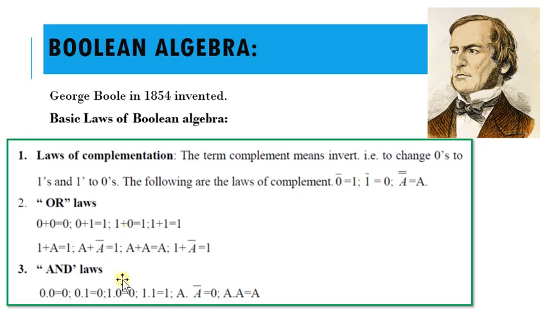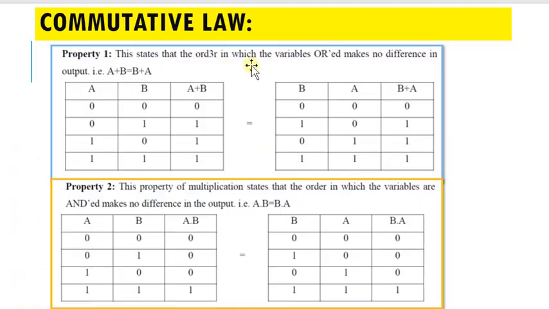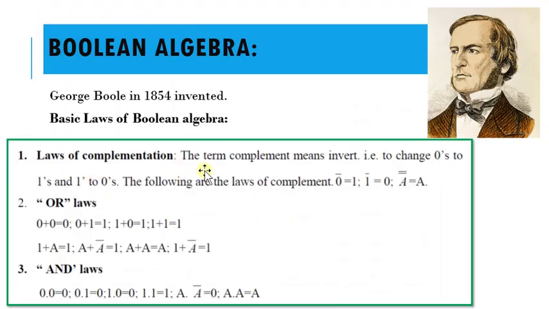Now coming to the remaining laws, that is the commutative law. The commutative law can be written for OR operation and for AND operation. If you observe the previous basic laws, the OR operation or the OR law was always represented with a plus sign, and an AND law was represented by a dot.